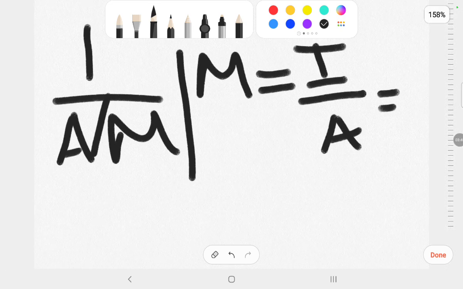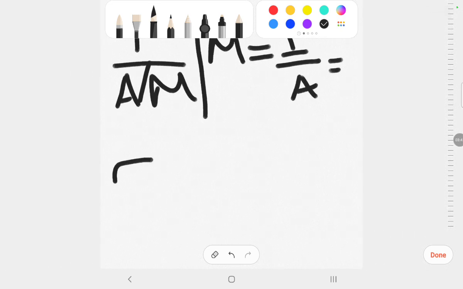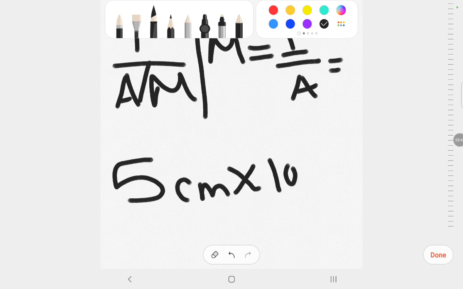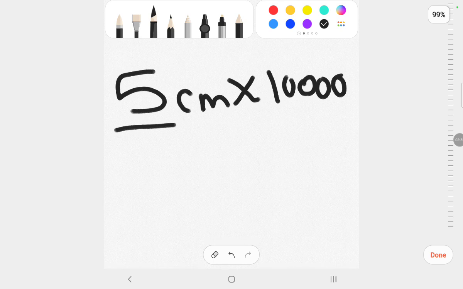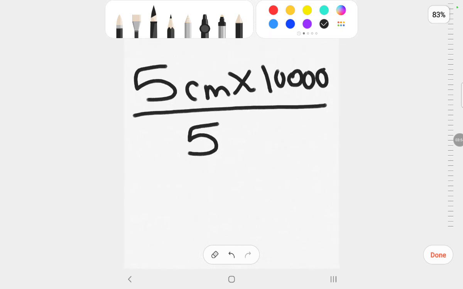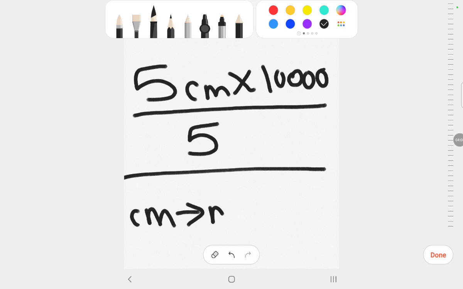So it will be 5 centimeter, as I saw in the question, and you need to multiply by 10,000. Why 10,000? I'll tell you later. Now divided by 5, which is the actual length. Basically I'm going to multiply by 10 because centimeter I need to convert to millimeter.